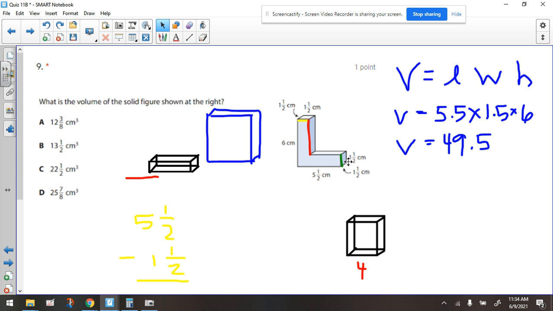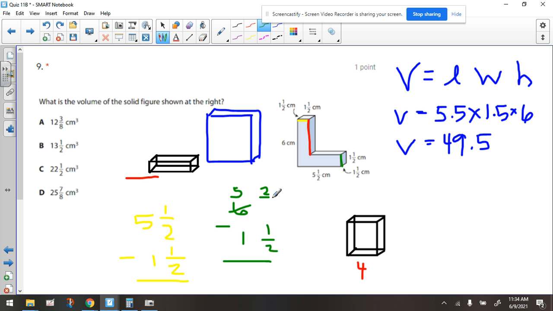So if this is 1.5, we really just need to subtract 6 minus 1.5. So that's the same thing. If we do this is 5 and this is 2/2, and we go ahead and subtract, that's going to be 1/2, and this minus this would be 4. So it's 4.5, right? That red line is 4.5, which means that this is 4.5.